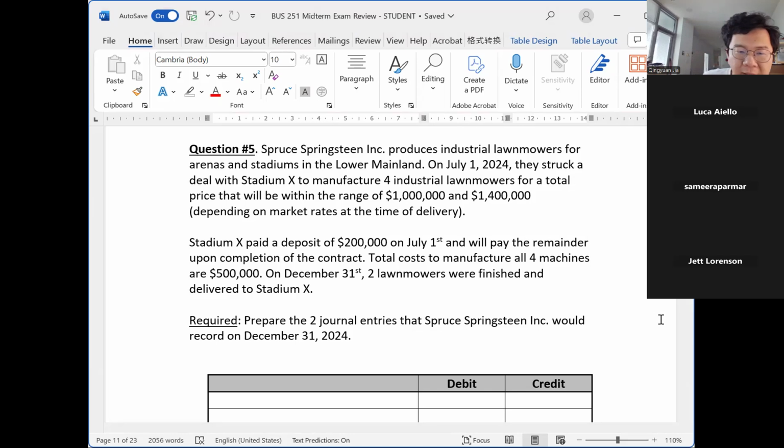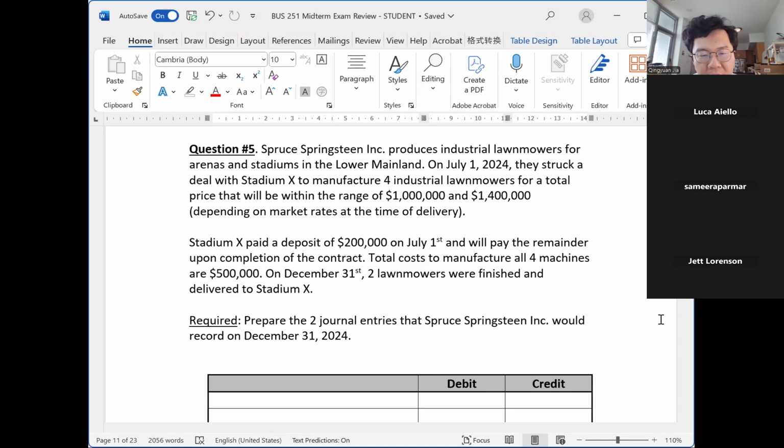And this Stadium X paid a deposit of 200,000 on July 1st and will pay the remainder upon completion of the contract. The total cost to manufacture all these four machines is 500,000.